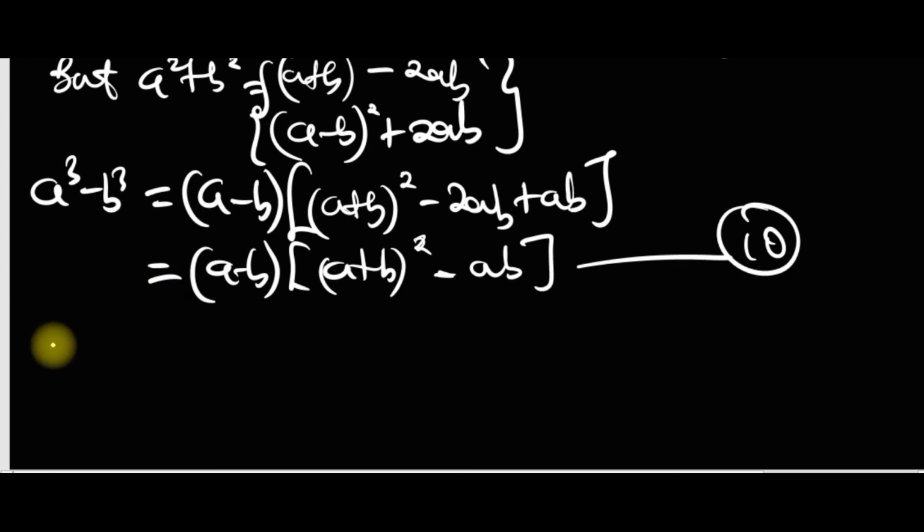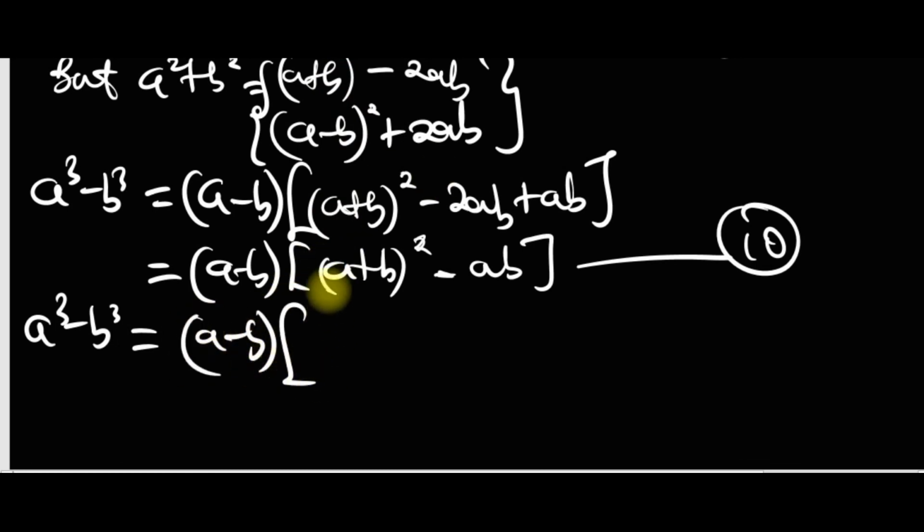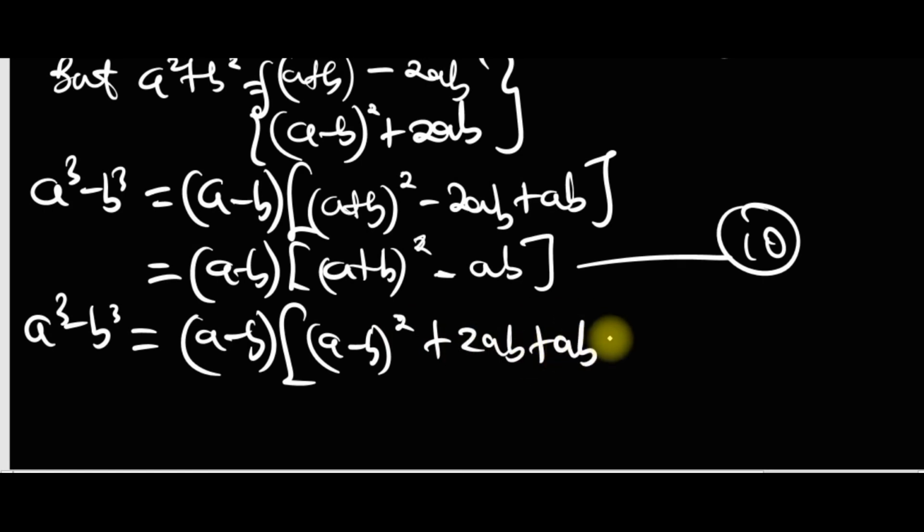So let's get the 11th one. Again, we can replace a squared plus b squared, remember this is a minus b, with a minus b all squared plus 2ab.